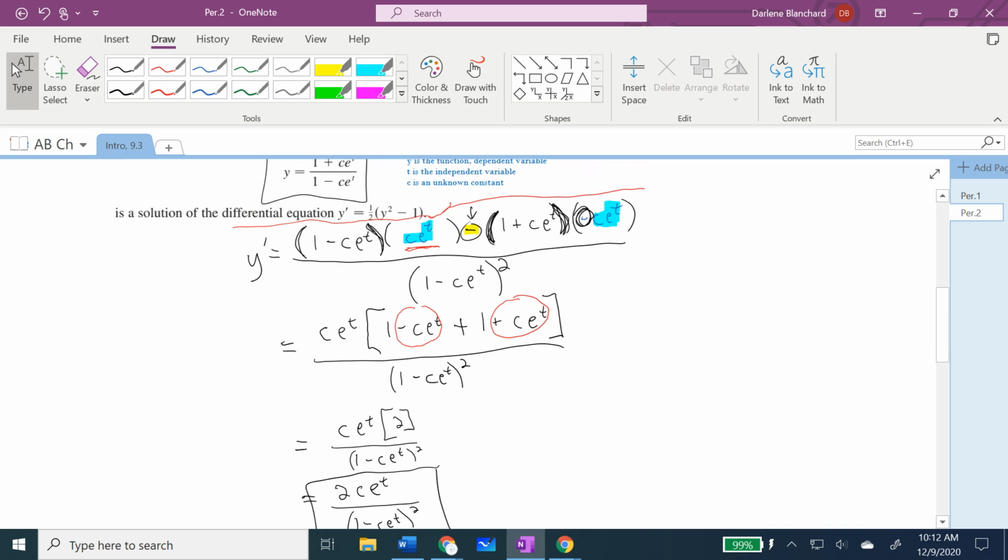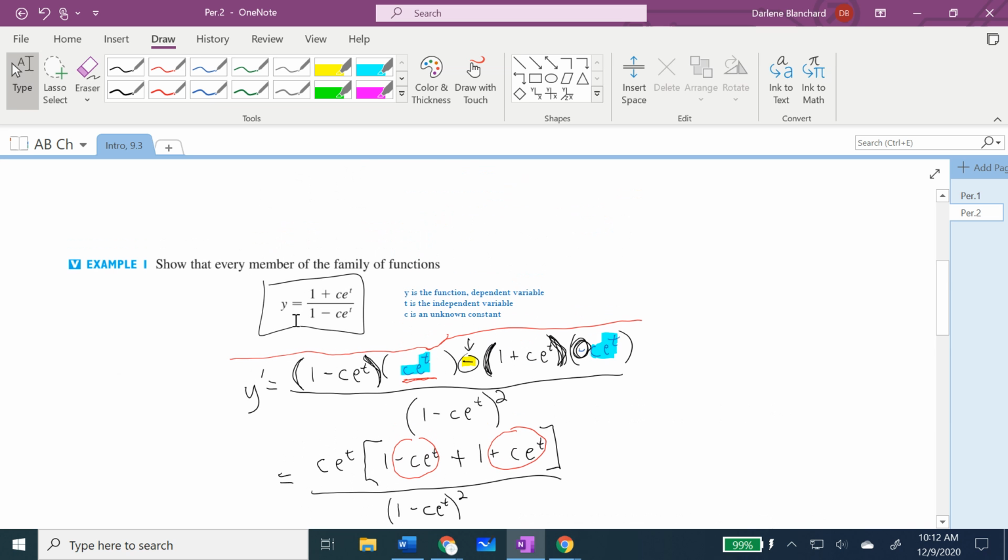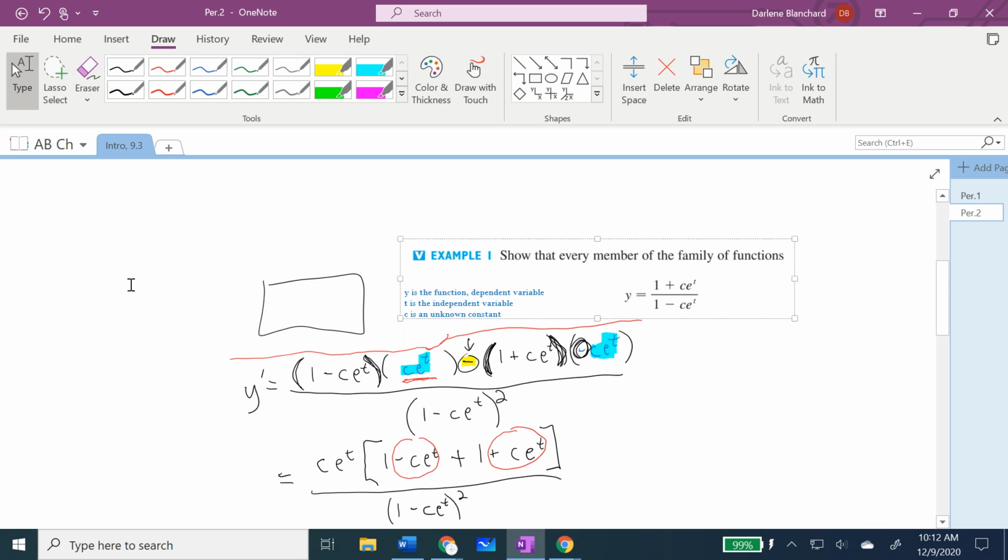I'm going to drag over this so I can see it clearly. And this equation. Okay. Do I have the equation on that? Yeah. Not that.